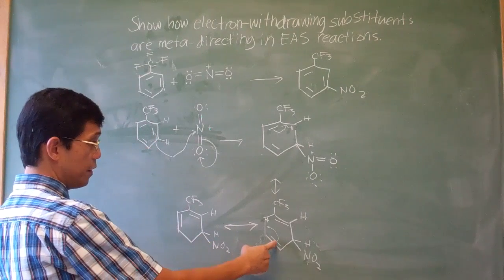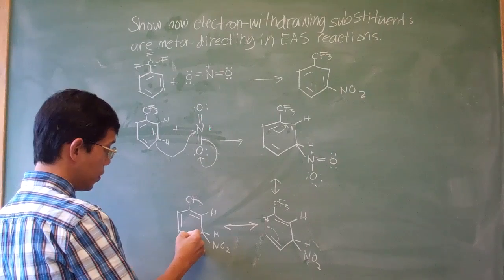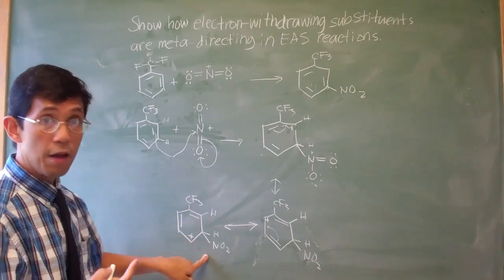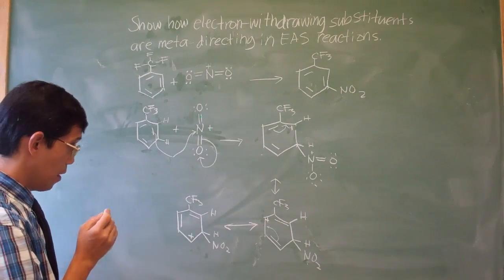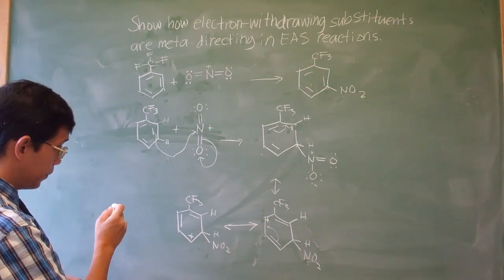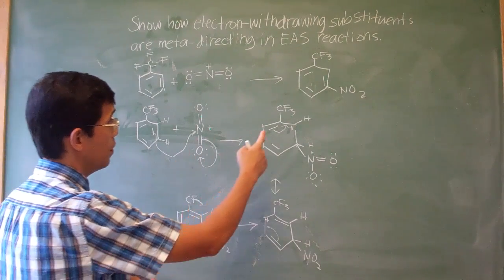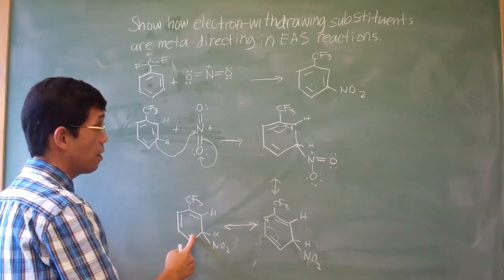Alright, since this is moving from here to there, the plus charge goes there. So you have a 1, 2, 3, you have a third resonance form. See, it moved from that carbon to that carbon to that carbon.